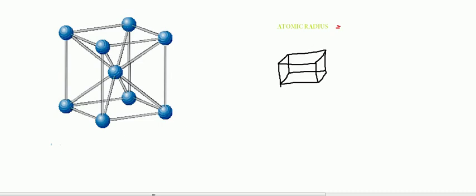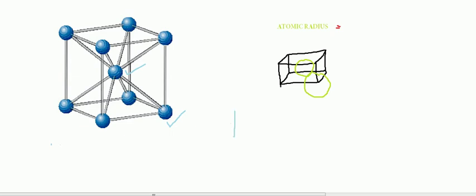Please see, the atoms are bigger, so this will be a big atom at the center, and this will be a big atom at the corner. So the atomic radius can be calculated by finding the two nearest neighboring atoms and the distance between them. In this case, the two nearest neighboring atoms are the body centered atom, the atom at the center, and the corner.